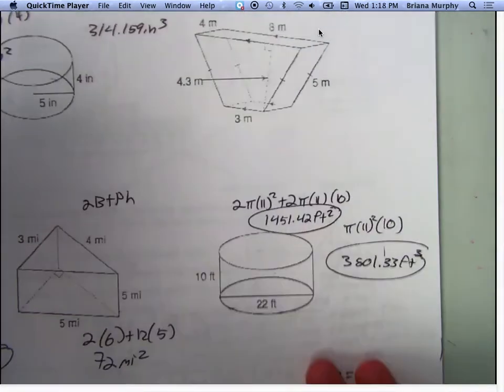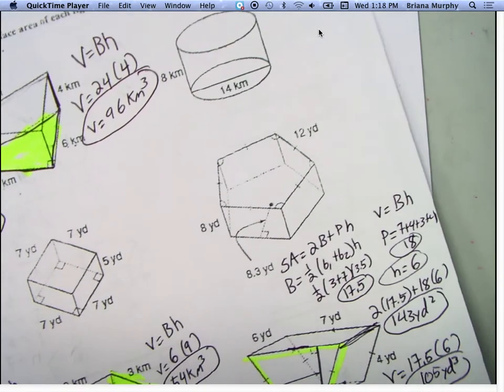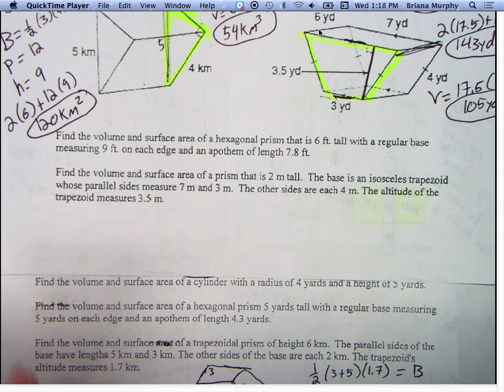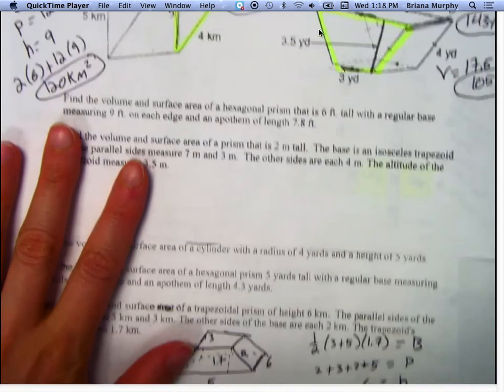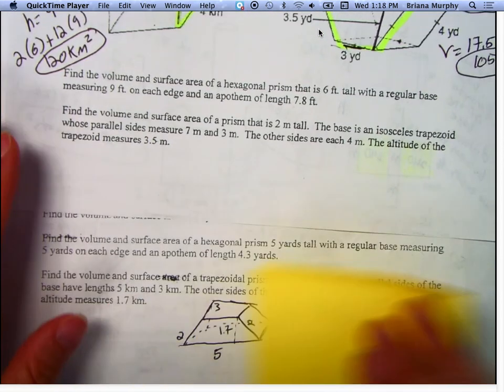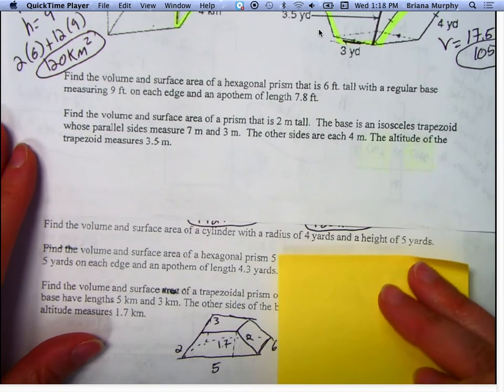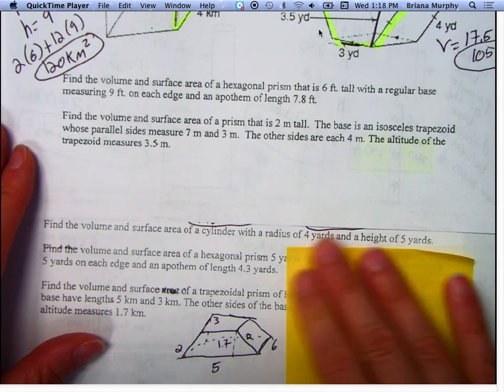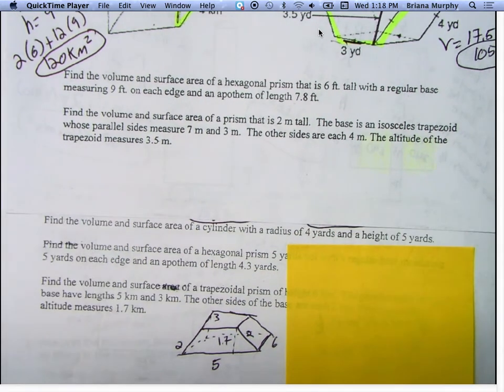We're going to look at, on the back, we're going to do one of these problems. We're going to do this one down here. Find the volume and surface area of a cylinder. Okay?